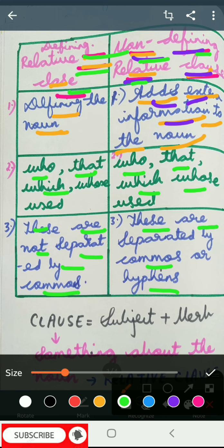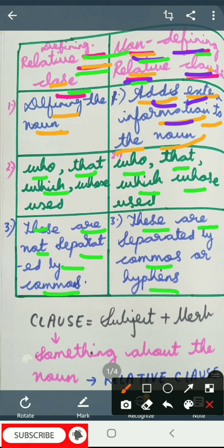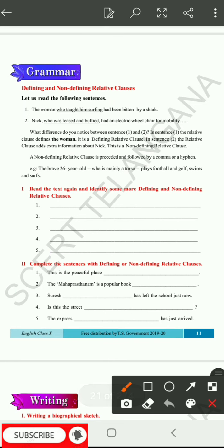Now let us see what your textbook has to say about defining and non-defining relative clauses. Here it is asking us to read some sentences. In the first sentence: The woman who taught surfing had been bitten by a shark. And in the second sentence: Nick, who was teased and bullied, had an electric wheelchair for mobility.